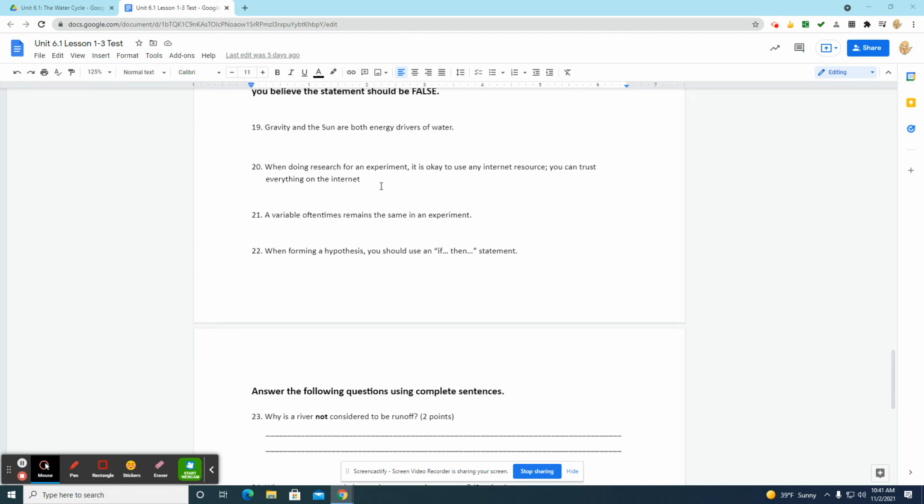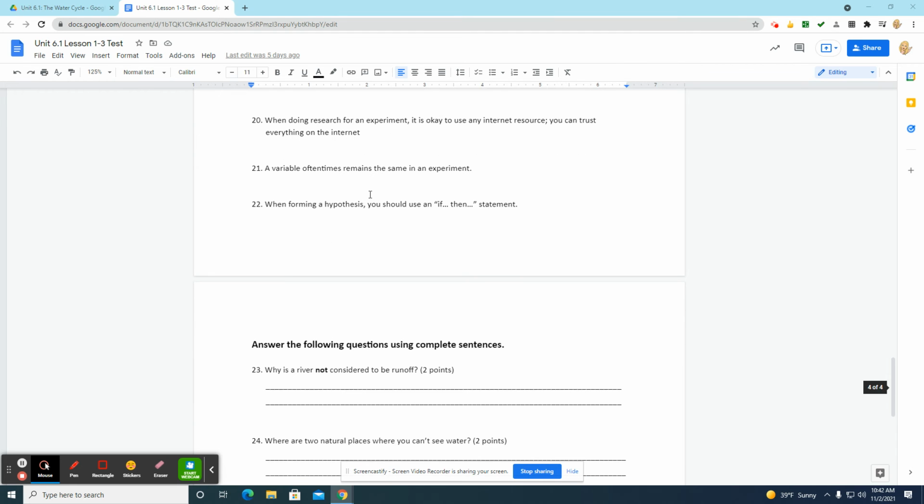20. When doing research for an experiment, it is okay to use any internet resource. You can trust everything on the internet. True or false? 21. A variable oftentimes remains the same in an experiment.